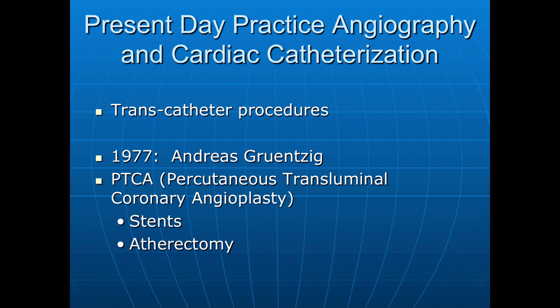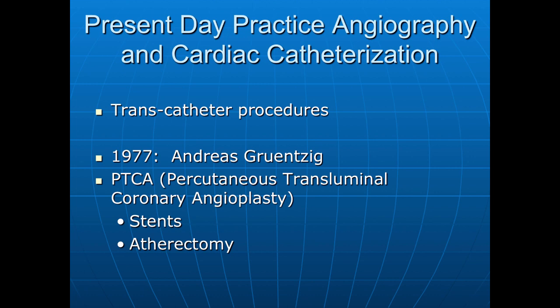One of the big advances was in 1977 when a very brilliant man, Andreas Gruntzig, performed the first PTCA, or percutaneous transluminal coronary angioplasty. He actually developed this balloon catheter in his kitchen and then was quickly snatched up by a company, and then they began to market that.